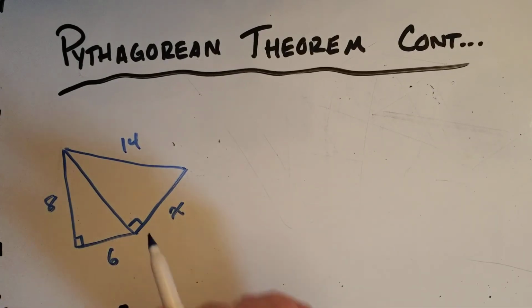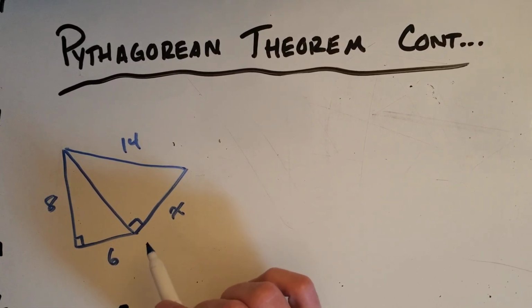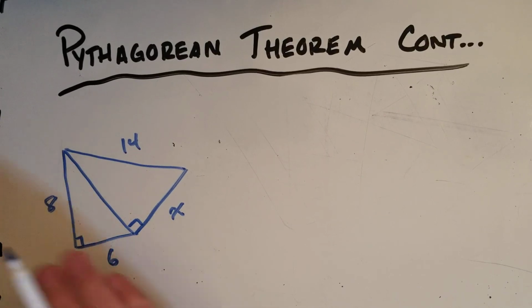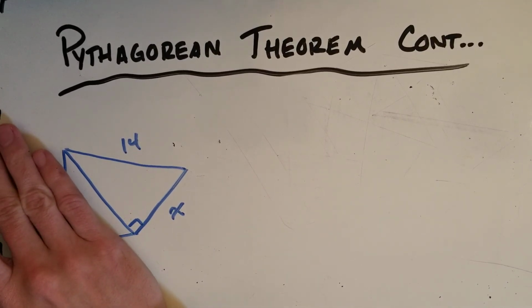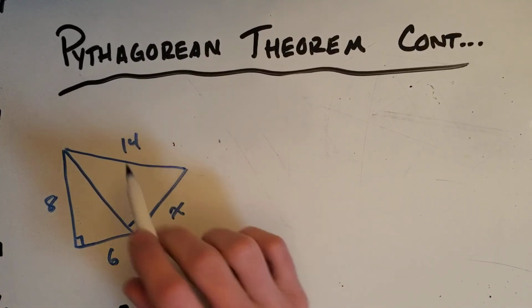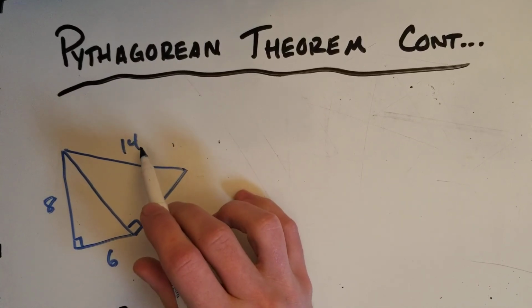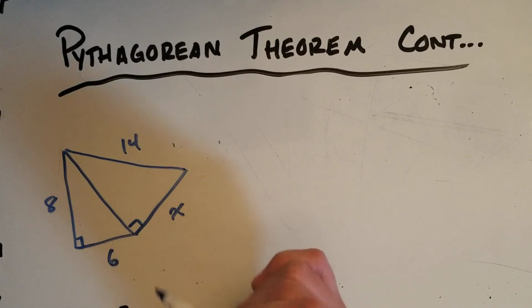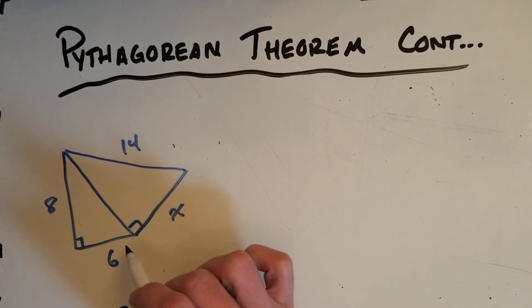So notice we have a couple of right triangles. We have this first right triangle over here to the left, and then we have this little right triangle to the right if we block out the first one. In the right triangle to the right, we're given the hypotenuse, we're looking for one of the legs, we also don't know the other leg. So we have a little bit of work to do, we have to get that leg first.